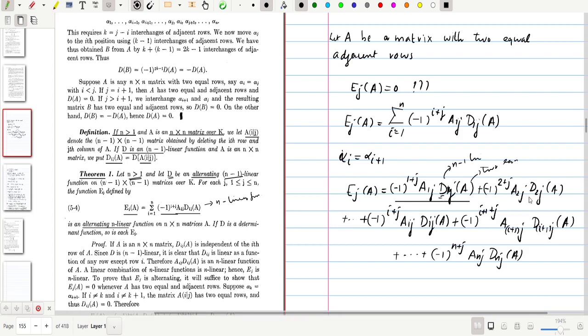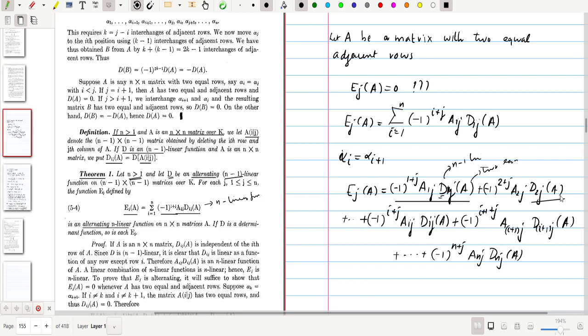Similarly, for the second term, when you consider d_2j, we have to remove the second row and jth column, and this matrix still contains the ith row and (i plus 1)th row, and they are equal. Therefore d_2j of A is the same as d of the matrix obtained by removing the second row and jth column. Then we have two equal adjacent rows in that resultant matrix, and since d is (n minus 1)-linear, we get the value 0.